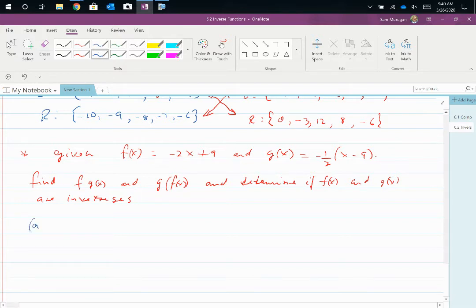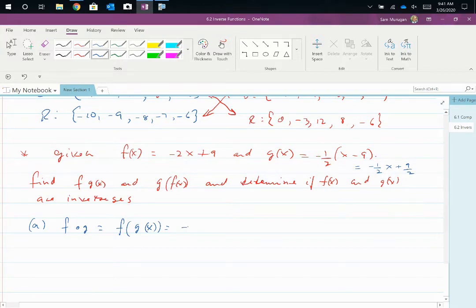This is f composed of g, which is f substituted with g of x, the f function substituted with the g function. If you want to make your life a little easier, you can probably distribute this out. This is negative half x plus 9 over 2. That would make it easier when you substitute it.